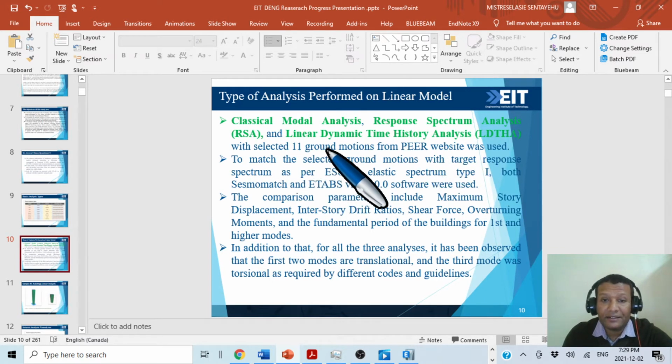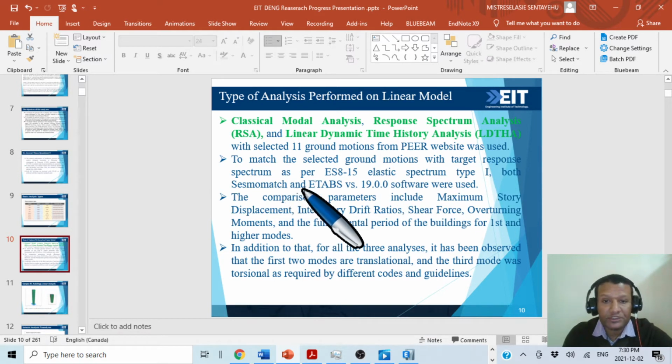We selected 11 ground motions from the PEER website. This is what we are going to do: match the selected ground motions with the target response spectrum as per Ethiopian Standard ES EN 1998-1 2015, elastic spectrum type 1; we have type 1 and type 2 depending on the soil type.